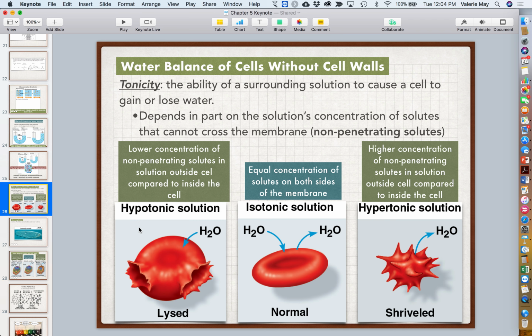What's the solute concentration outside the cell, and is that higher or lower than the solute concentration inside the cell? Hypo means low, lower. Hypothermia, lower body temperature. Hypodermic needle, it's a needle that goes under the dermis of your skin. So hypotonic, lower concentration of non-penetrable solutes outside the cell than inside the cell.